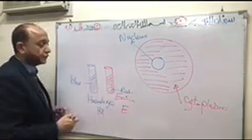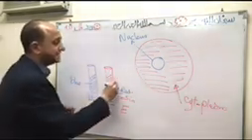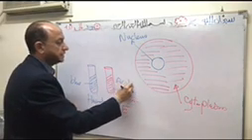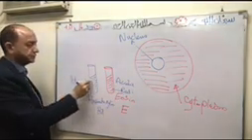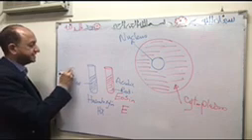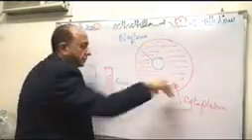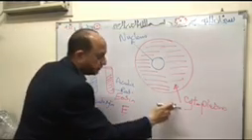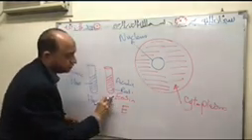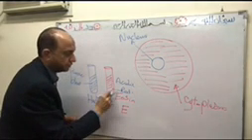The chemical reaction of eosin is acidic, and of hematoxylin is basic. When I put them on the cell, the cytoplasm takes the stain eosin, which is acidic.